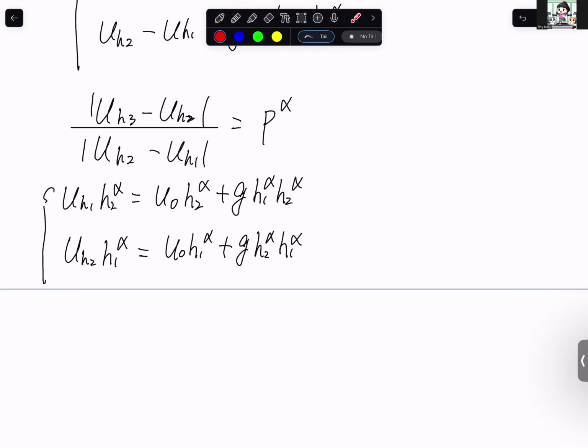Now you can see from these two equations, when we multiply by H2 to the power of alpha on both sides of the first equation and H1 to the power of alpha on the second equation, this term cancels. And we can calculate U0.